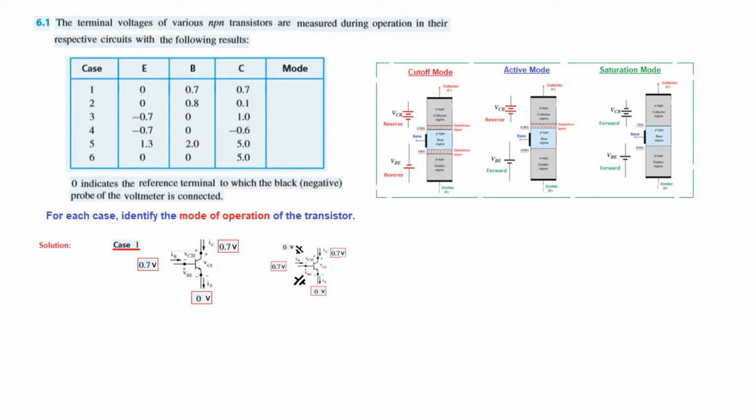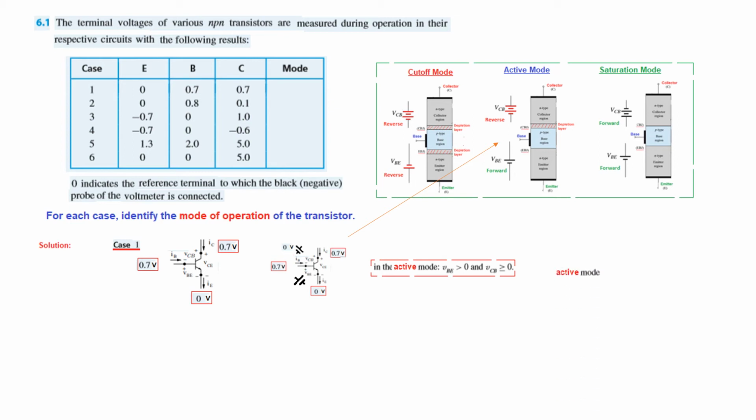So this is applied here: in the active mode VBE has to be greater than 0, which it is, and VCB can be greater than 0 or equal to 0. So here VCB is 0. So this is active mode, and from the diagram we can just correlate this with this. So this is the active mode operation.